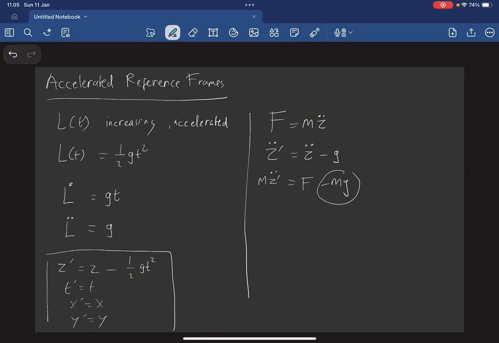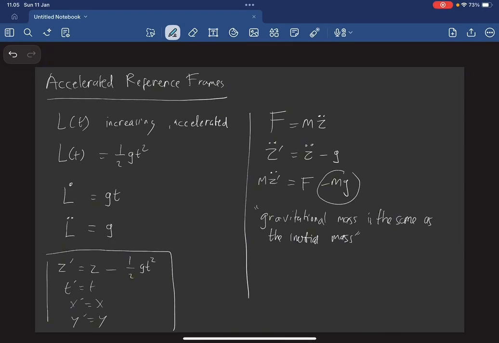We sometimes say that the gravitational mass is the same as inertial mass. That has deep implications.